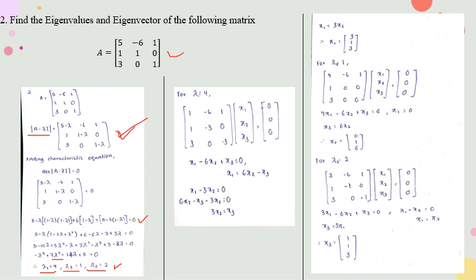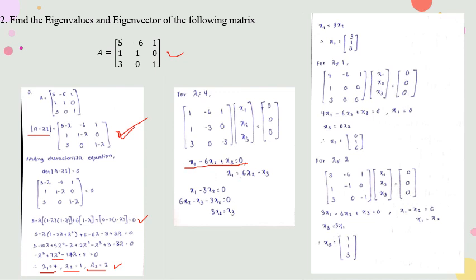So next, for finding the eigenvector for lambda equals 4, I'm taking the first row equation, x1 minus 6x2 plus x3 equals 0. So we can arrange it: x1 equals 6x2 minus x3.